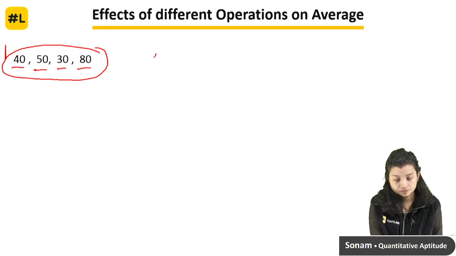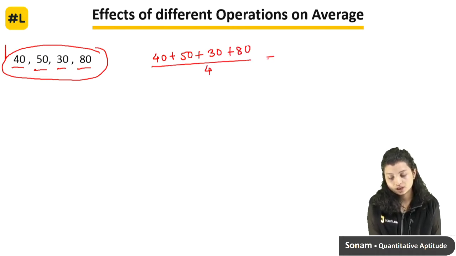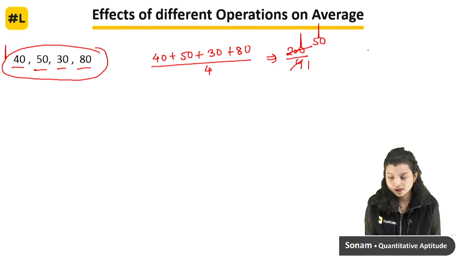So what you do? 40 plus 50 plus 30 plus 80 divide by 4, that is 200 divided by 4, that is 50, right? So your average is 50. Okay, now I am going to make a change in this question.